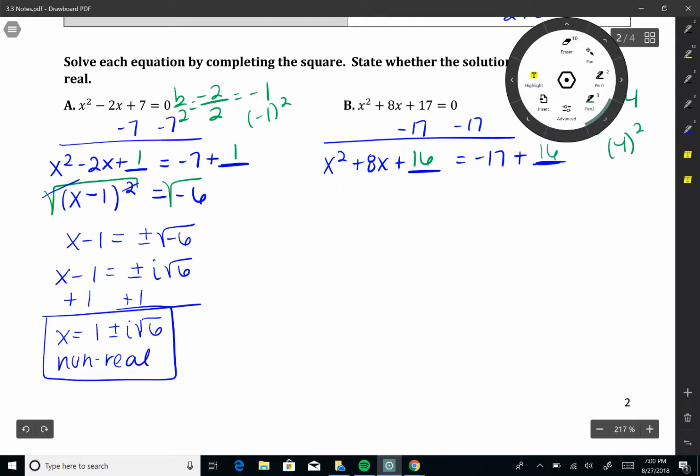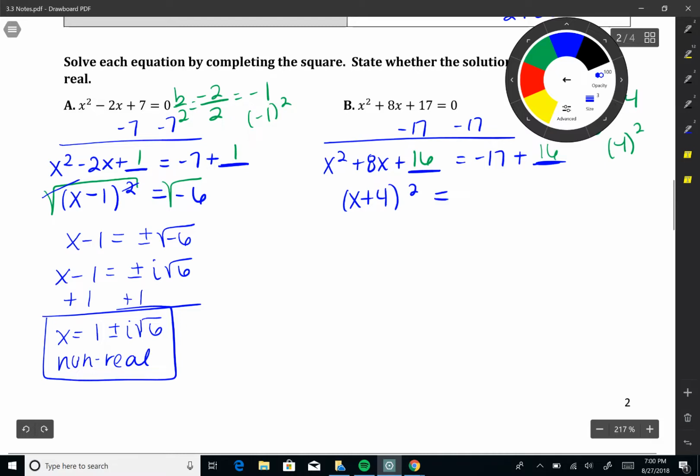Now write our binomial squared. On the left side, that's going to be x plus 4 quantity squared. On the right side, negative 17 plus 16 is negative 1. And finally, I can solve by taking square roots of both sides, where my radical and square cancel each other. So on the left, I'm just left with x plus 4.